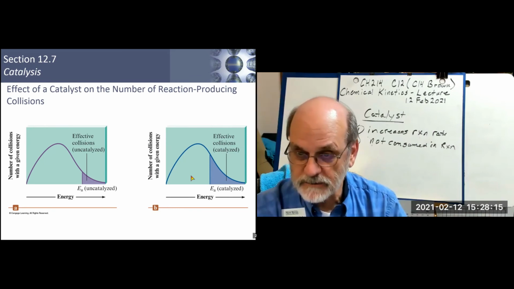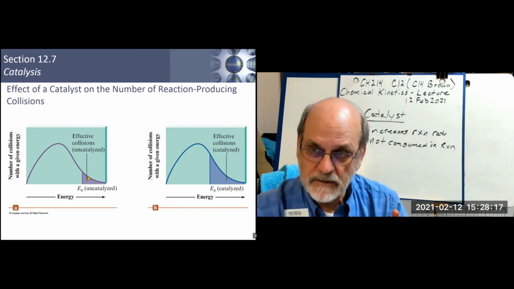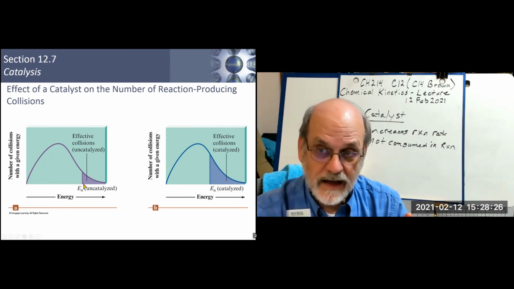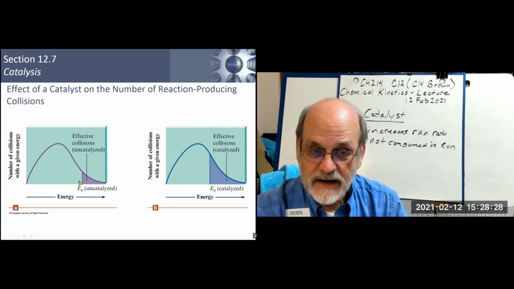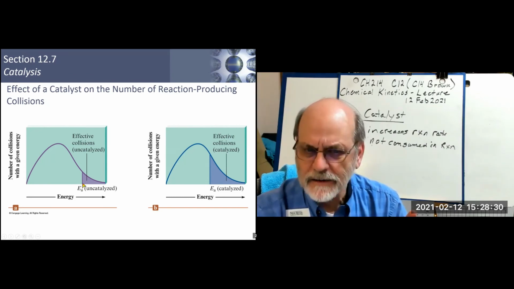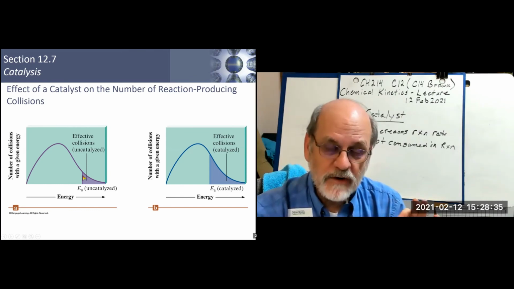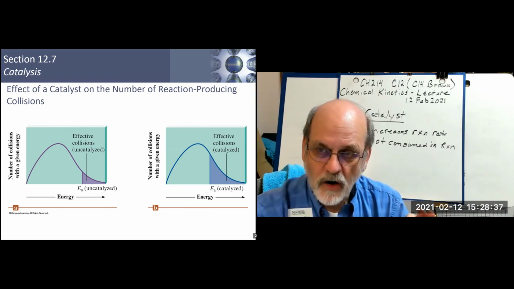the catalyzed reaction. The only thing that has changed is the position of the activation energy for the catalyzed versus the uncatalyzed. The uncatalyzed activation energy is way up here, high. So under this curve is an expression of the number of collisions that are in excess or equal to the activation energy.